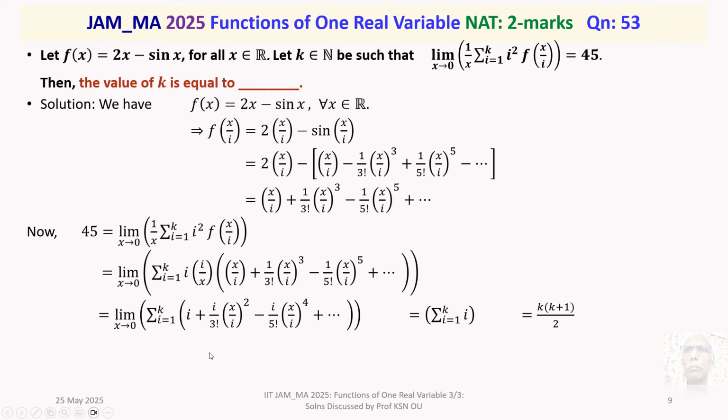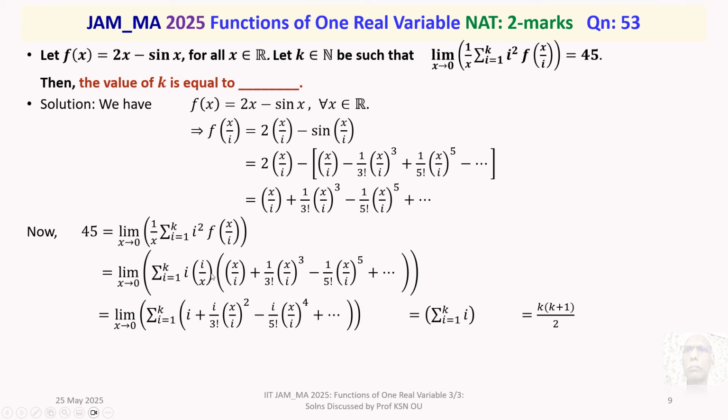Now as x tends to 0, this will be 0, this will be 0, all the terms except this i are 0. Therefore we got sigma i equals 1 to k of i. This is the sum of the first k natural numbers, that is k into k plus 1 by 2.